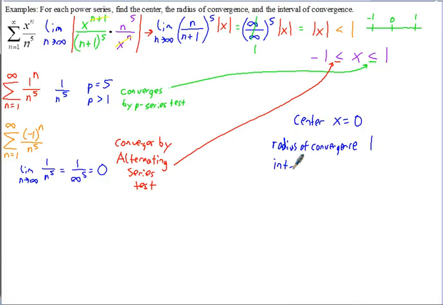And the interval of convergence is both endpoints that are included, both of them are brackets, so it'd be from -1 to 1. Those would be the exponents that would cause this power series to converge.